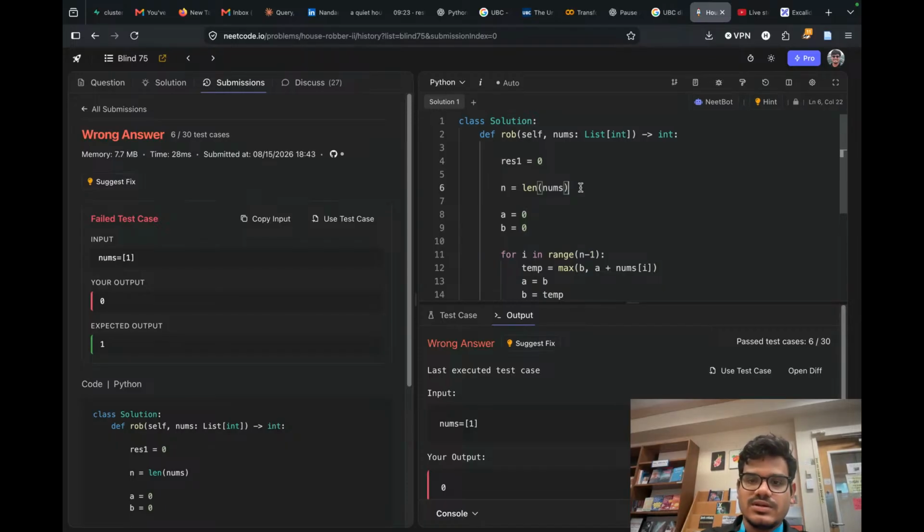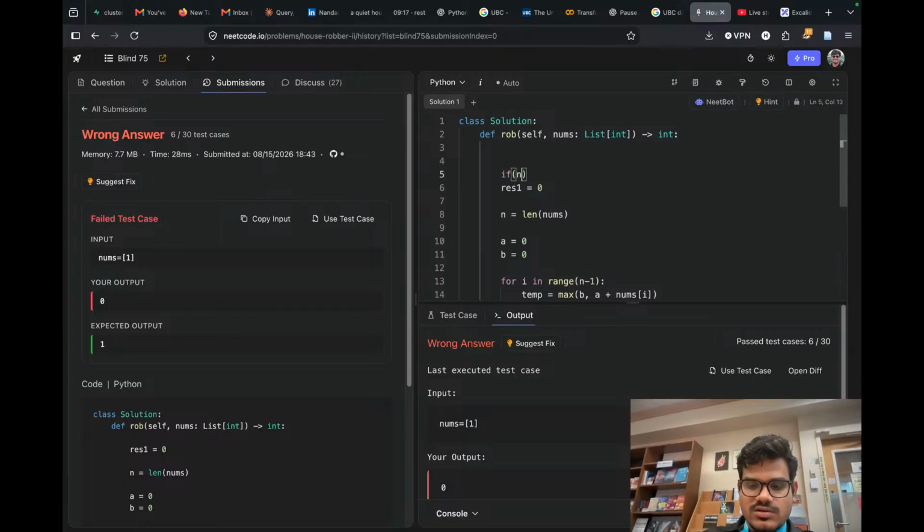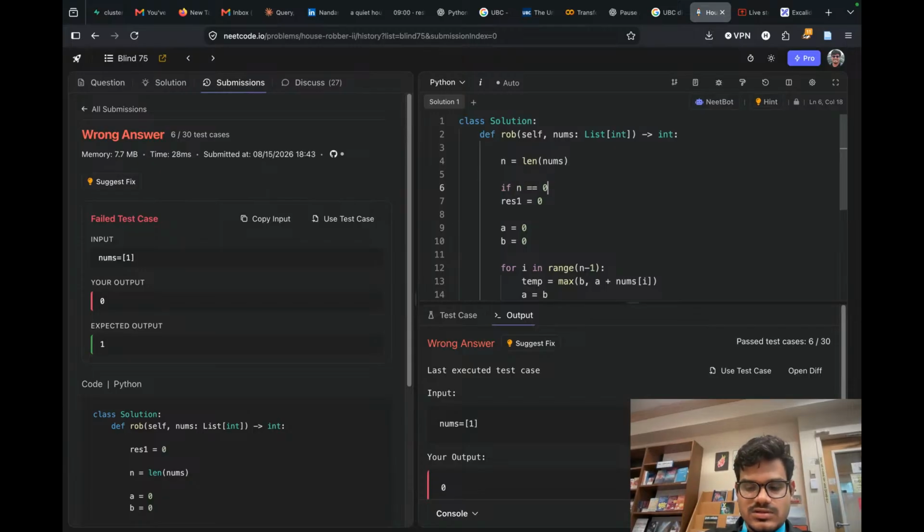These things can be treated as a base case.